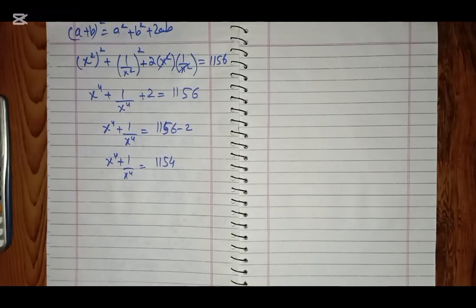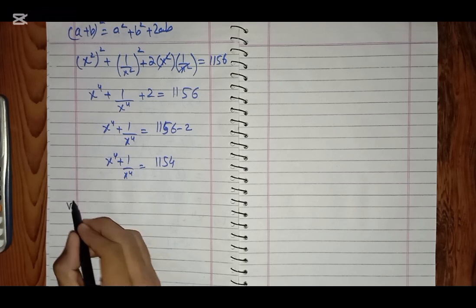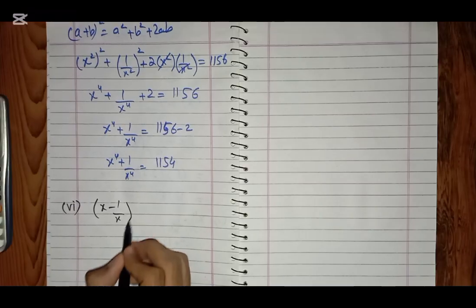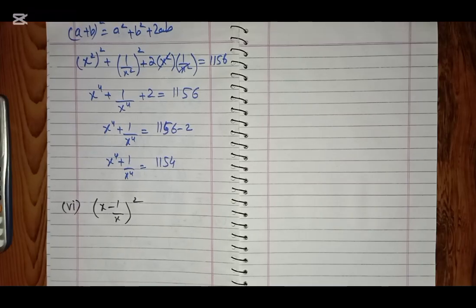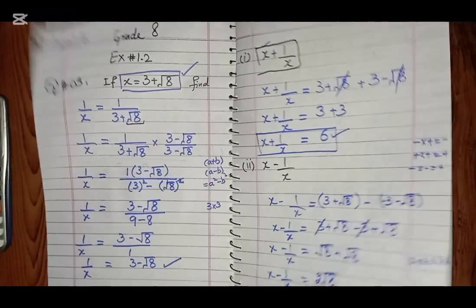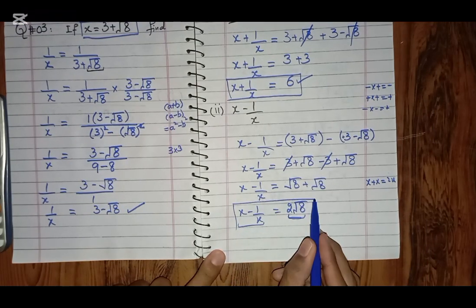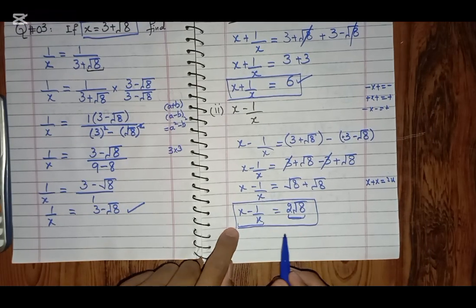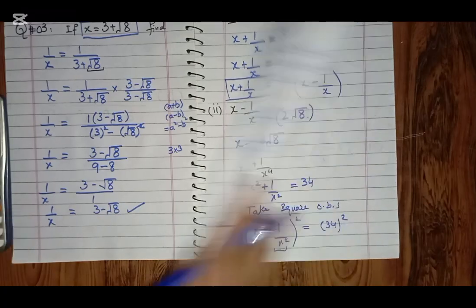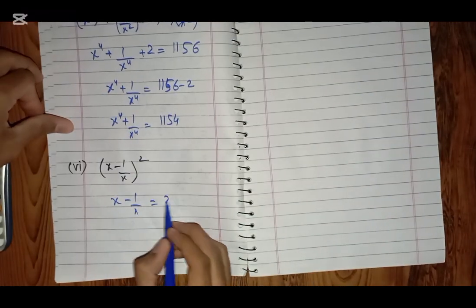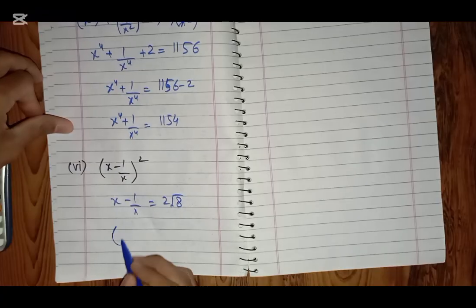And if we move to our last part, it is very simple and easy to solve. You simply find x minus 1 over x whole square. How do you solve it? You simply pick your part number 2, x minus 1 over x is equal to 2 square root 8, and you take square on both sides.